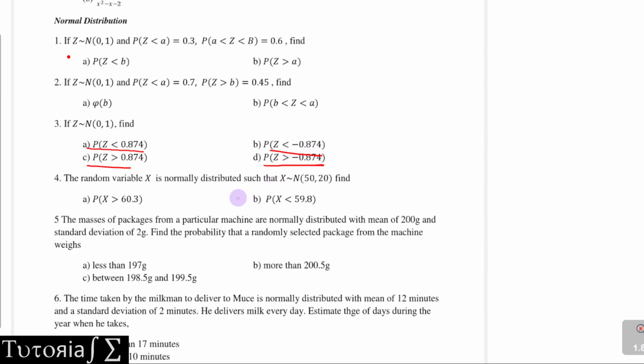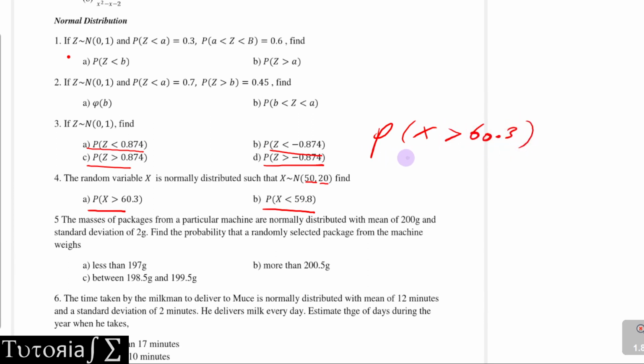Then for these variables X, remember we said you have to convert them to Z-scores for you to find their probabilities. So we have the mean there and the standard deviation there. So you say probability of, let's say for instance, this one that we have, which is X greater than 60.3.